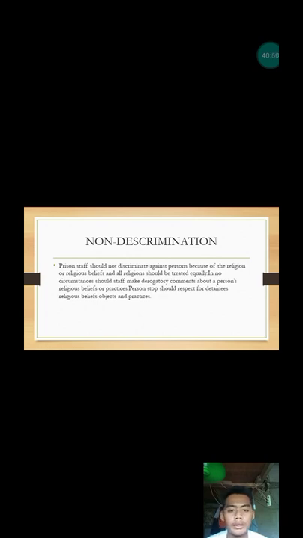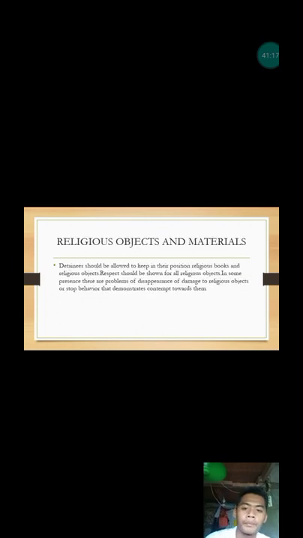So the staff should not discriminate if they do not have the same religion. Instead of discrimination because of their own belief, they are treated equally, each one of them.